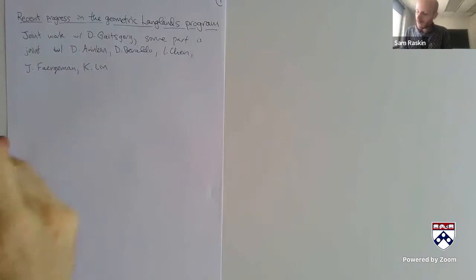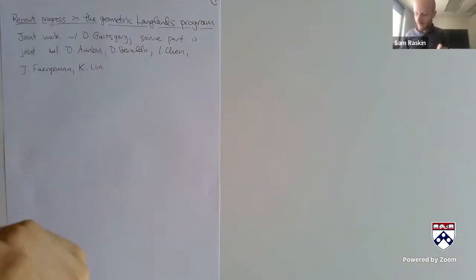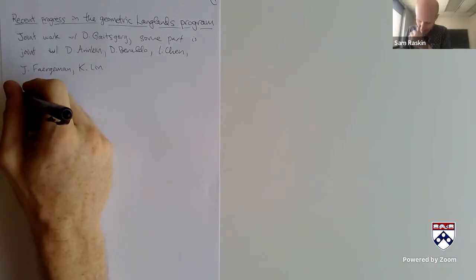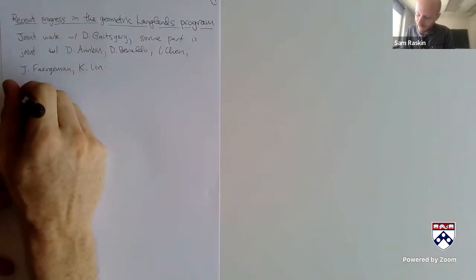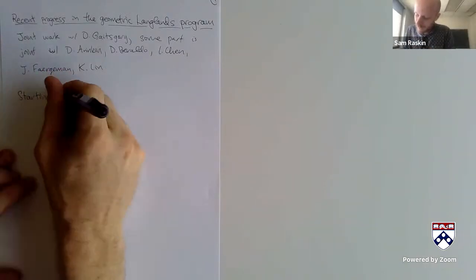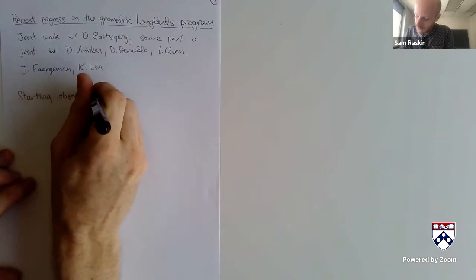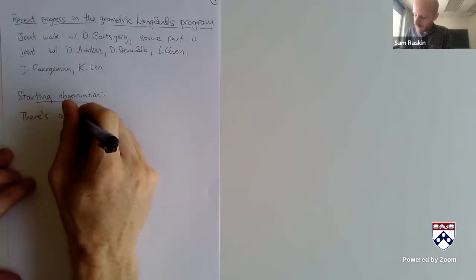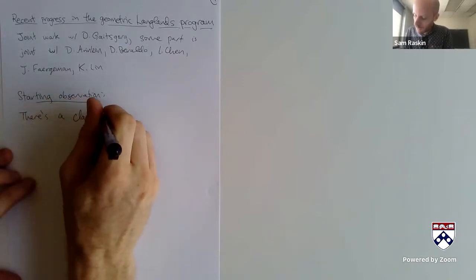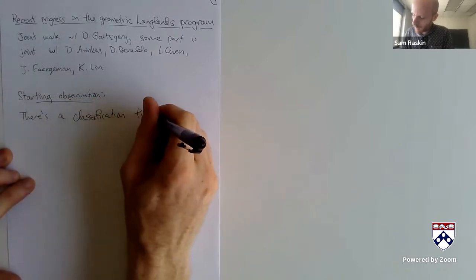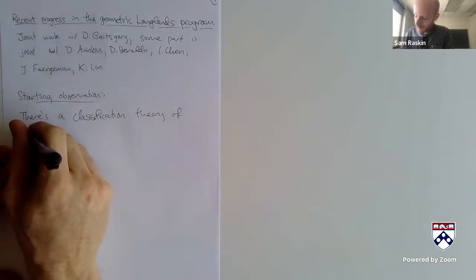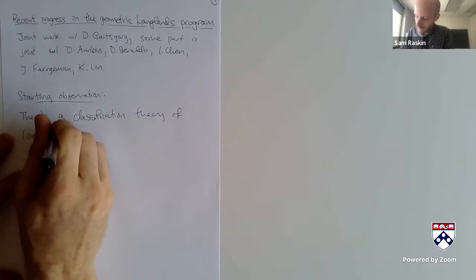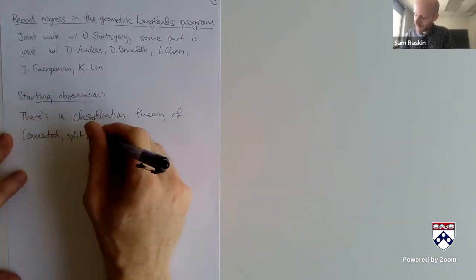Okay, so for me, the starting point of the subject is the following sort of thing. There's a starting observation, which is that there's a classification theory of connected split reductive groups.